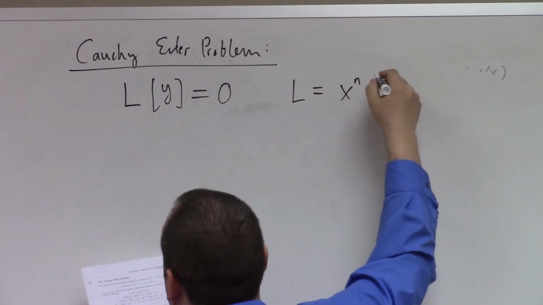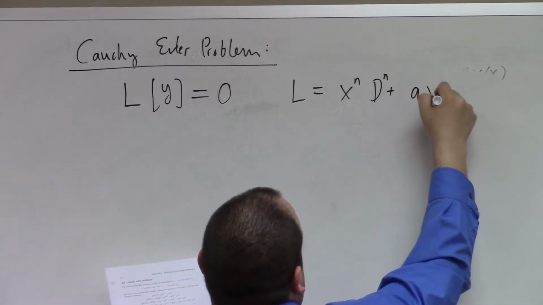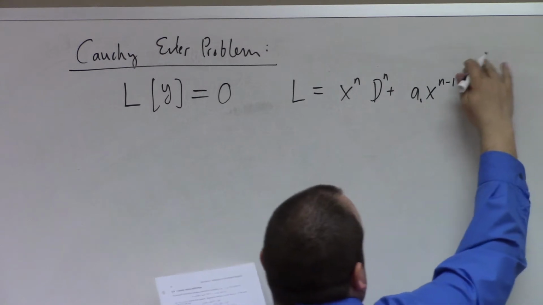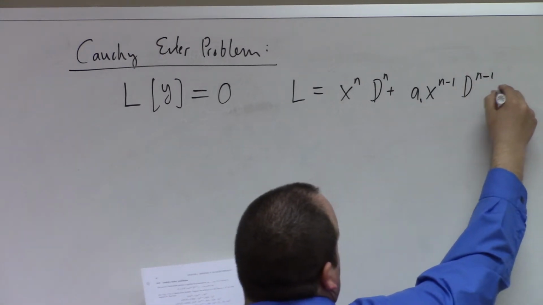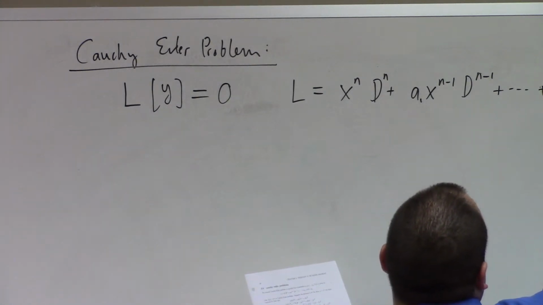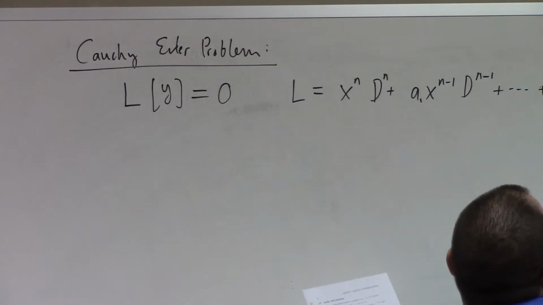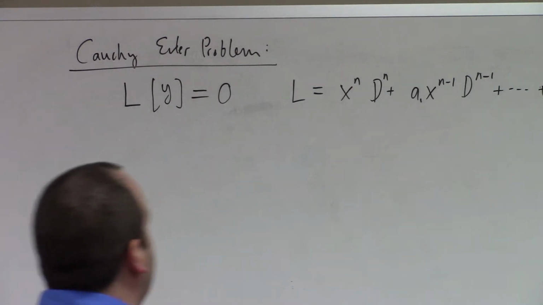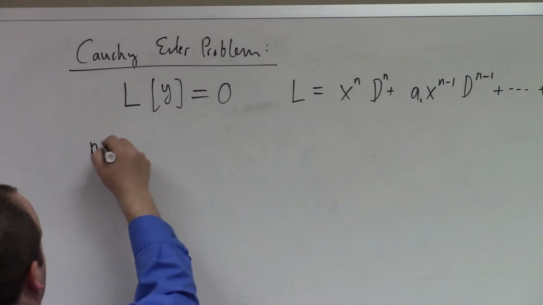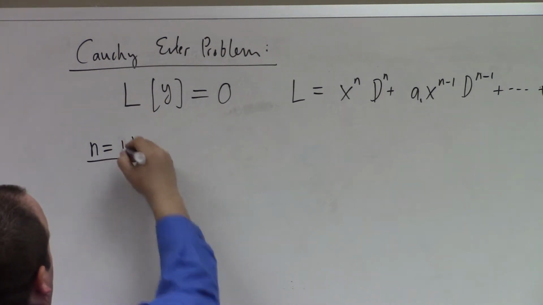All right. So this is the problem: x to the n, d to the n, plus a1 x to the n minus 1, d to the n minus 1, and so on. I'm just assuming it's monic, assuming the leading coefficient is 1, for the sake of not too much talking, down to a_{n-1} x d plus a0. This is the nth order Cauchy Euler problem. For example, for n equals 1, what does this look like?